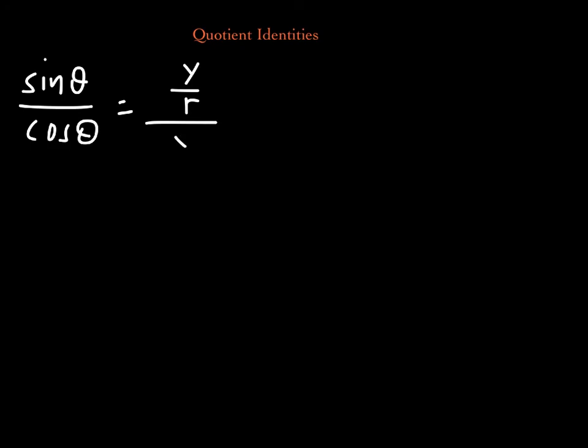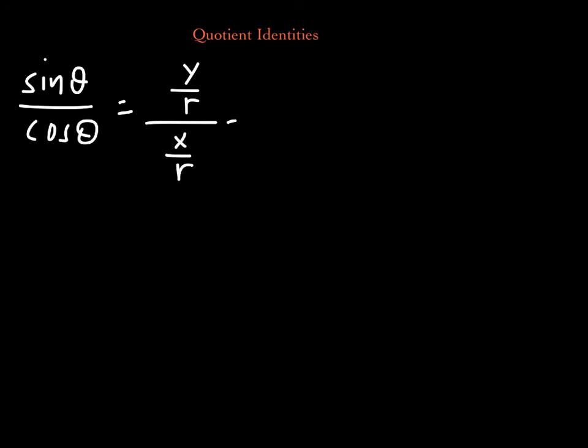I want to talk about the quotient identities before we end this lesson. Notice what happens when I do sine theta divided by cosine of theta. Now, sine of theta is defined to be y over r, is it not? And then cosine of theta is defined to be x over r.